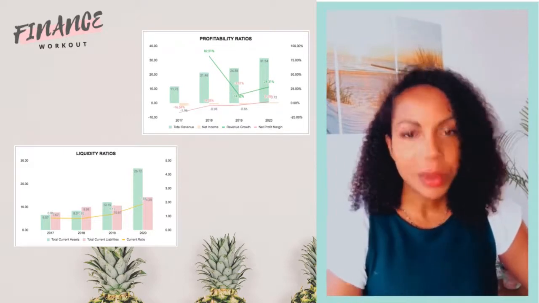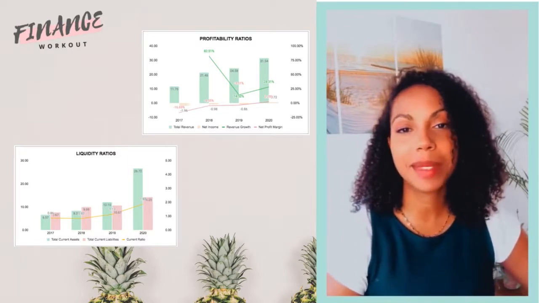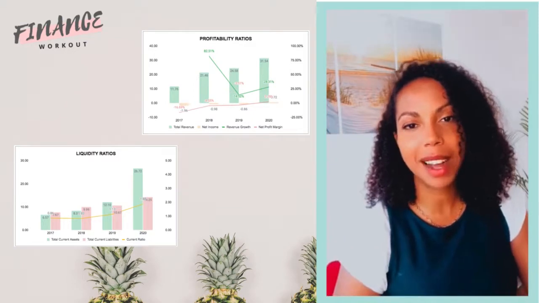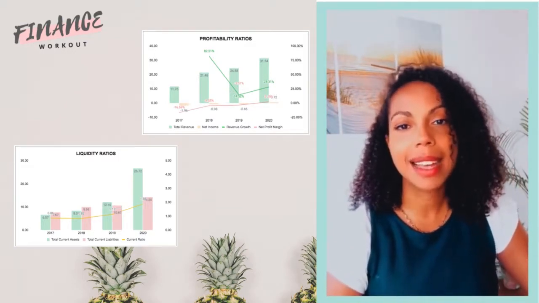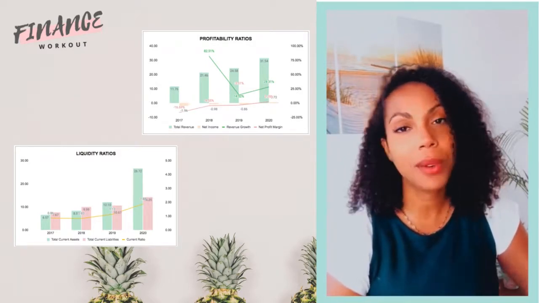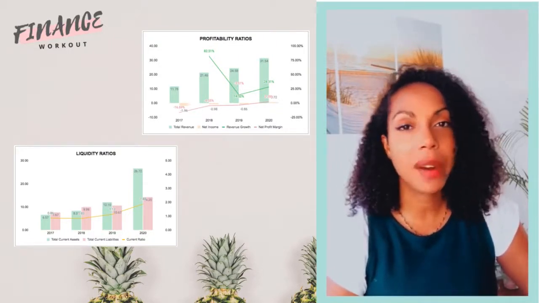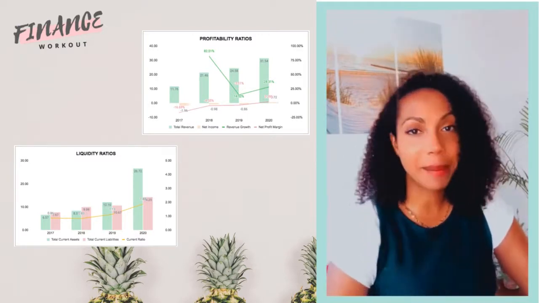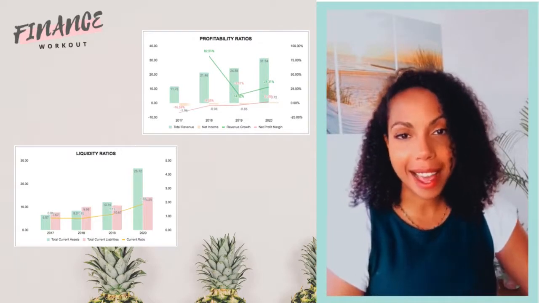Now, as a little recap, we have touched on all 3 of the main statements expected of companies: the income statement, which looks at your revenue and your expenses primarily, then the balance sheet, which looks at your assets, liabilities and equity, and finally the cash flow.